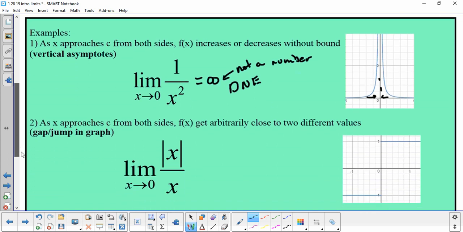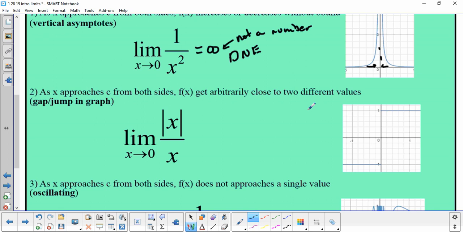Another instance where a limit doesn't exist is when it approaches 2 different values. Absolute value of x over x is a very, very common function. You'll see, make sure you know this. As x approaches 0 from the right side, my y values appear to be going to 1. So the limit from the right would be 1.